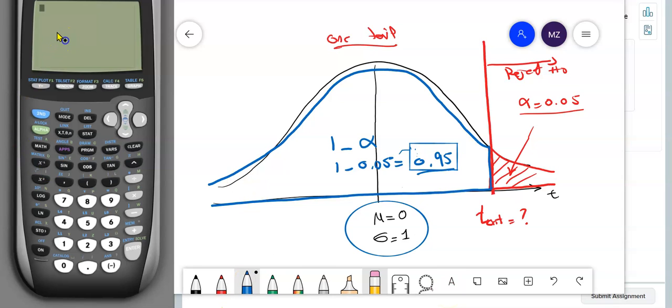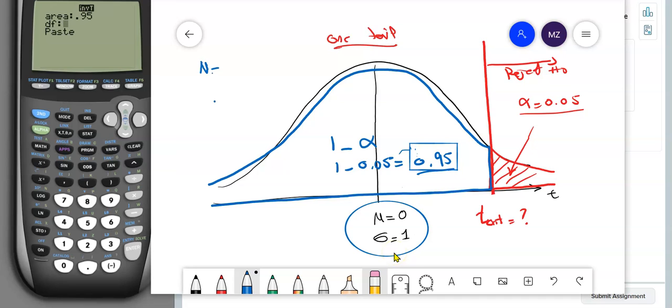So let's see how you can do this. You're going to go to distribution again, so second and vars. Now you're going to have inverse t in there. That's what you're going to be using. Inverse t, enter. It's asking about the area, which is 0.95. 0.95 is fine. It's asking about degrees of freedom. Okay, I didn't talk about degrees of freedom.